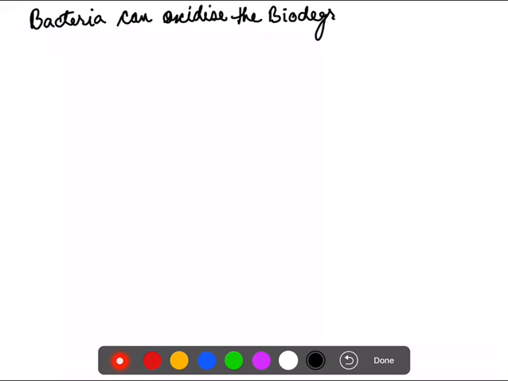See, bacteria can oxidize the biodegradable organic waste.